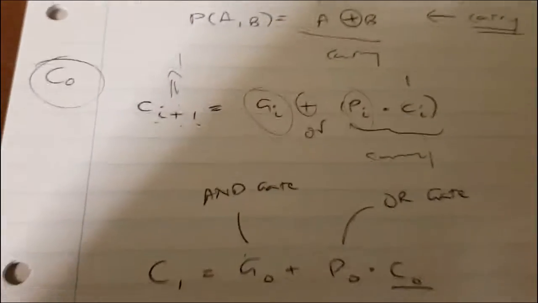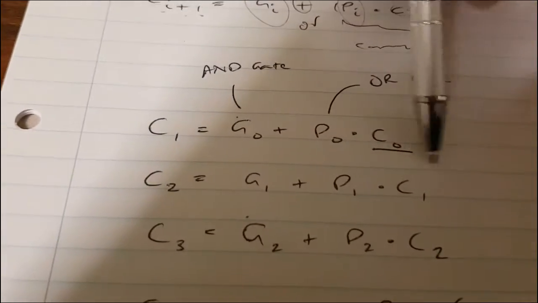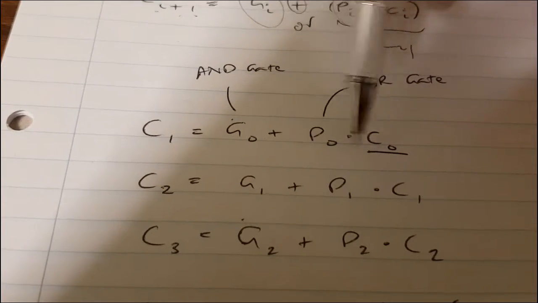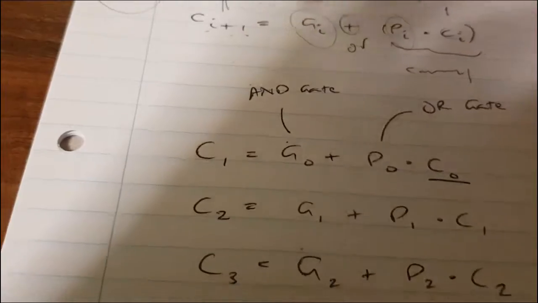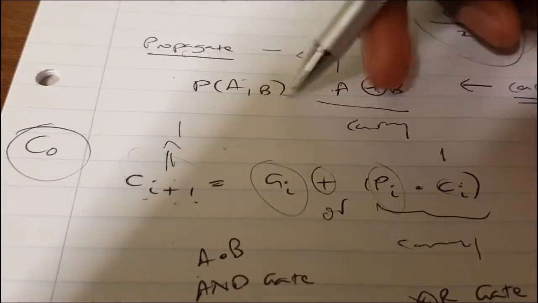In order to actually calculate the series of carries, we use these equations. C1 would be G0 plus P0 dot C0, where G is just an AND gate of A and B as defined up there, and P0 will be an OR gate or an exclusive OR gate of A and B over there.